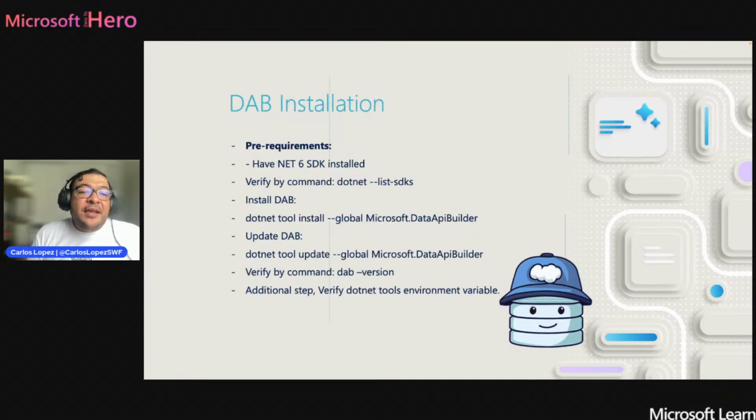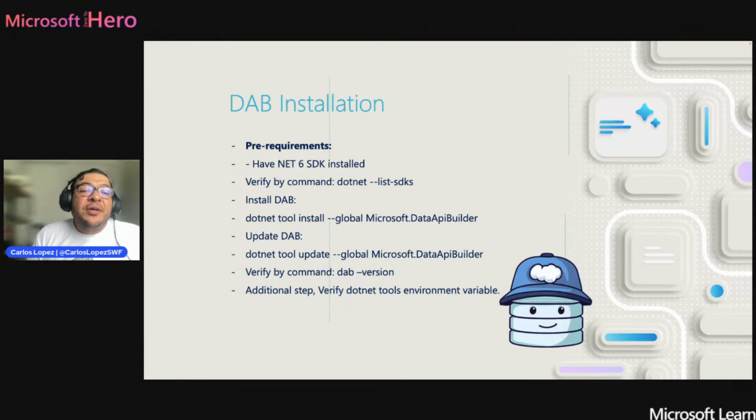In terms of installation, what you need is basically the .NET 6 SDK installed. And with that, you just have to run the command dotnet --list-sdks. And the installation is dotnet tool install -g, or --global, and call data-api-builder as it is, and then it is installed on your machine.